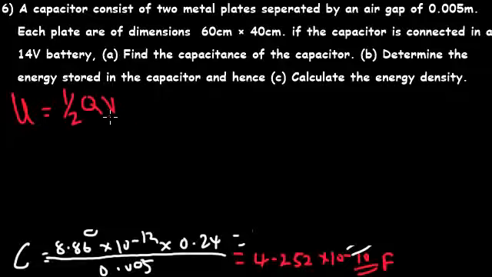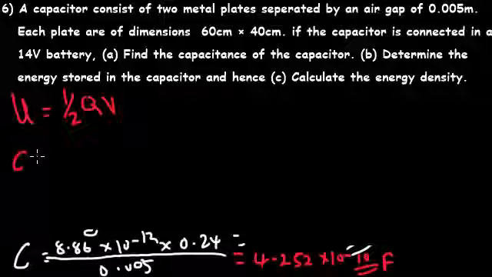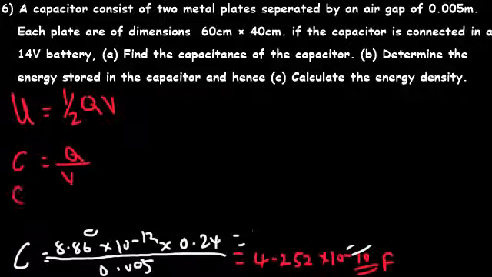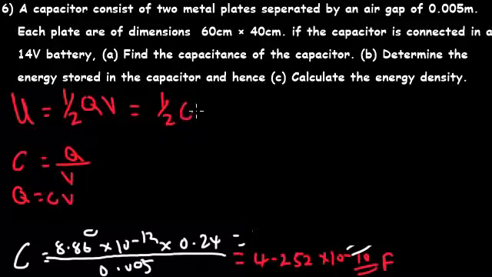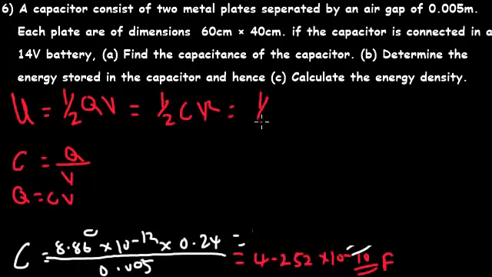But we don't have the charge yet, and we don't want to find it. Since C equals Q over V, Q is equal to CV, as we showed earlier. So U is the same as half CV squared. We can make use of these two values to get the energy.